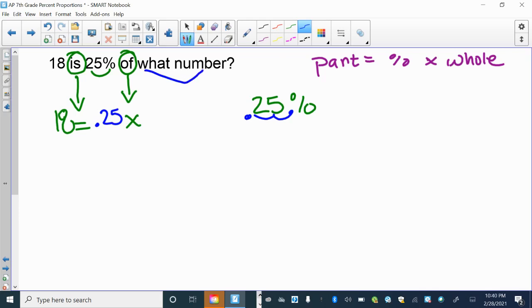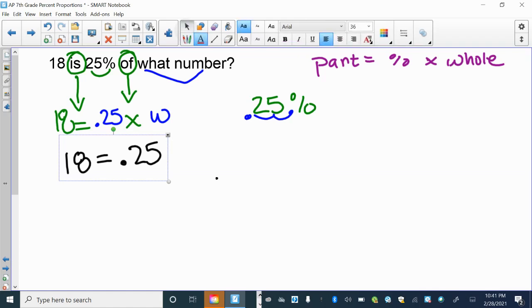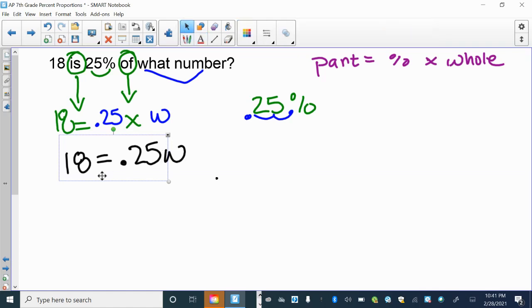What number represents our whole? So we're going to use W for whole. And now I'm simply going to rewrite this without my multiplication sign. And now this very much looks like a one-step equation. So I'm going to put my W here. I'm going to divide both sides by 25 hundredths because I want to get W by itself.